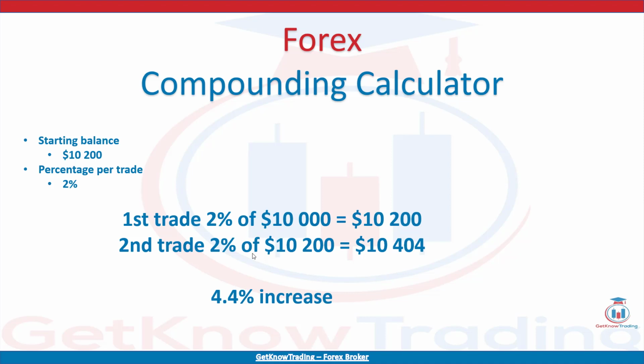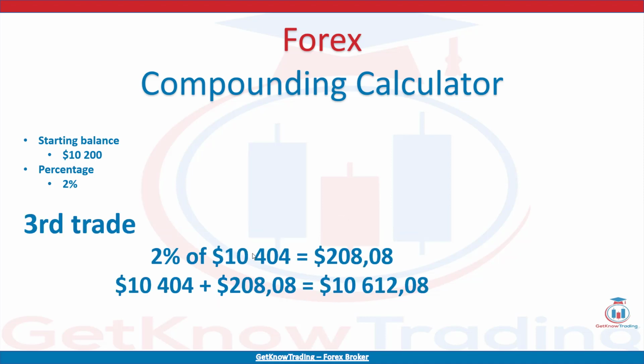Here is a summary after two trades, so we can move to the third trade. We can see that in the first trade with 2% of $10,000, I have $10,200. And on the second trade with 2% of $10,200, I have $10,404.